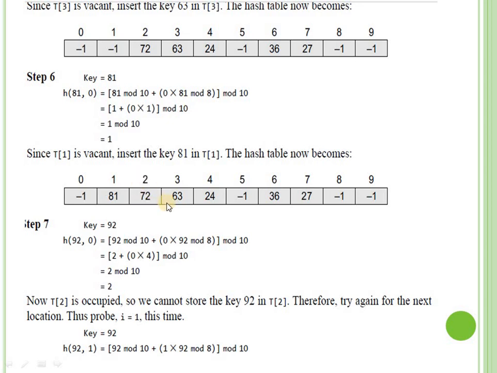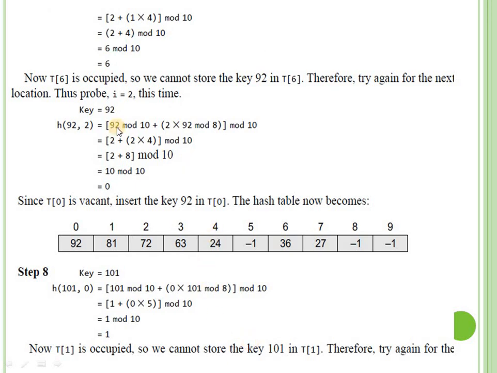So we have to hash the same key again, this time with I equal to 1. We increase I by 1, so I is 1. So we calculate H of 92, 1, which is equal to 92 mod 10 plus 1 into 92 mod 8, whole mod 10.